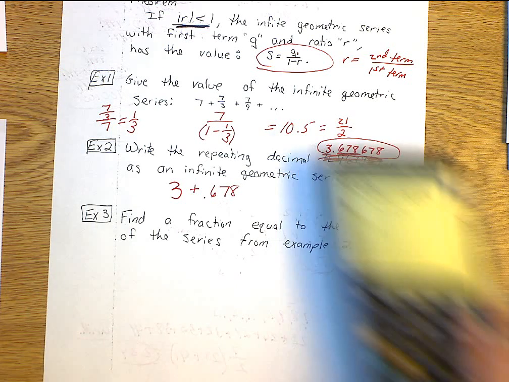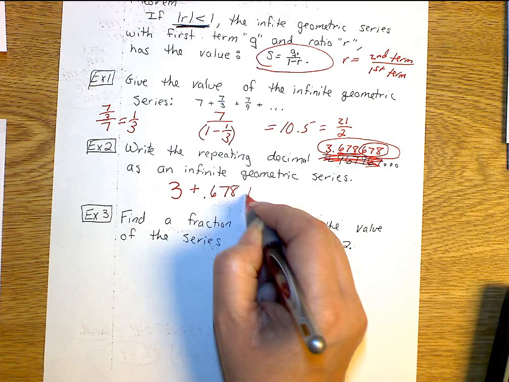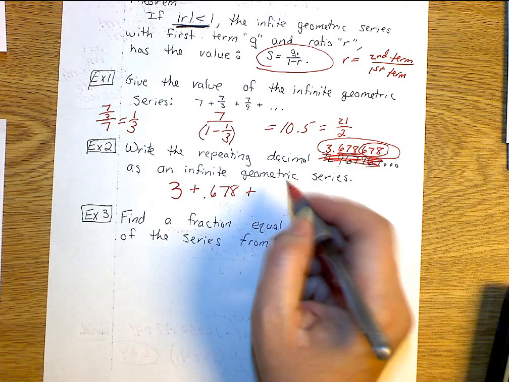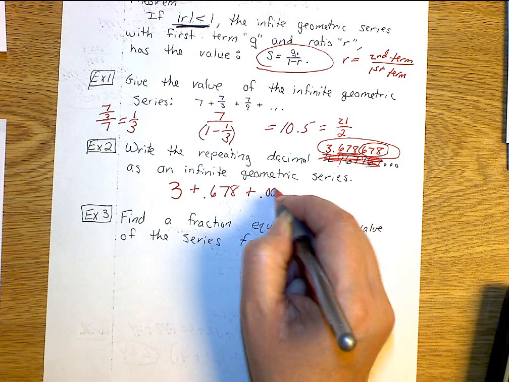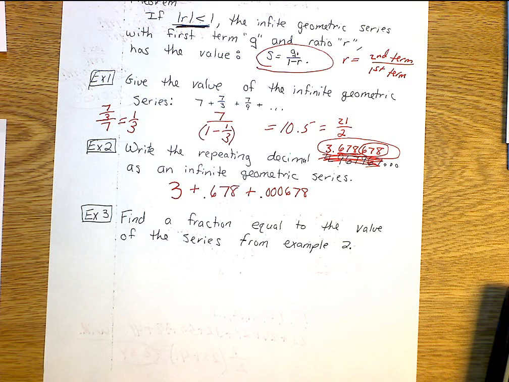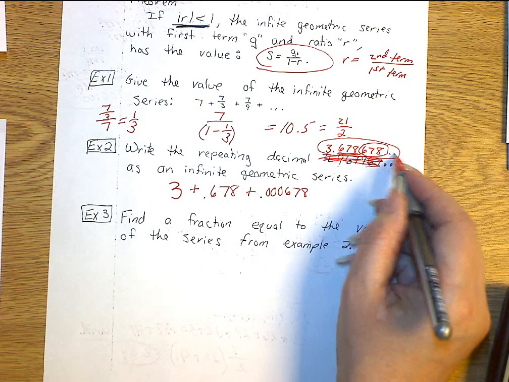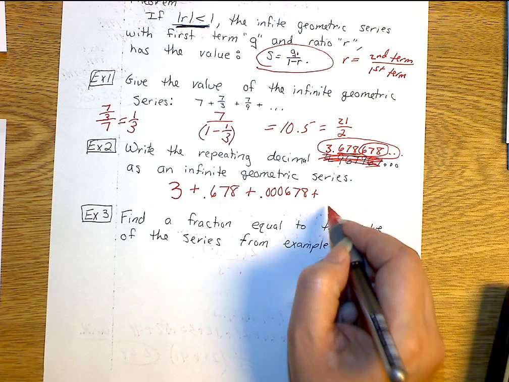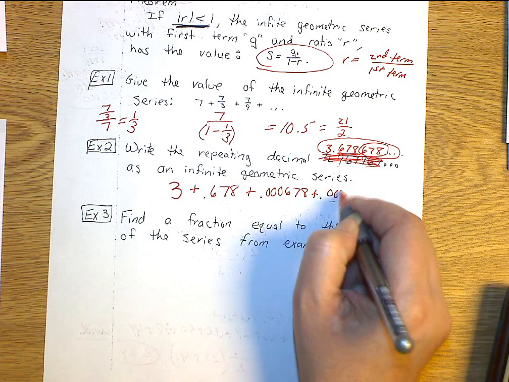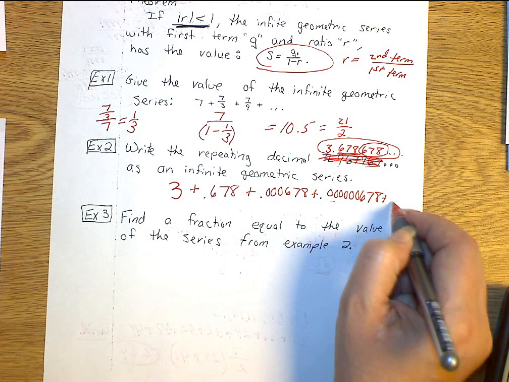So I want to add this part. What can I add to it to get that next part? 0.000678. And because it's repeating, it goes on forever. What could my next one be? How many zeros would I have? 6 zeros. 1, 2, 3, 4, 5, 6. And then we're going to say that it goes on forever.